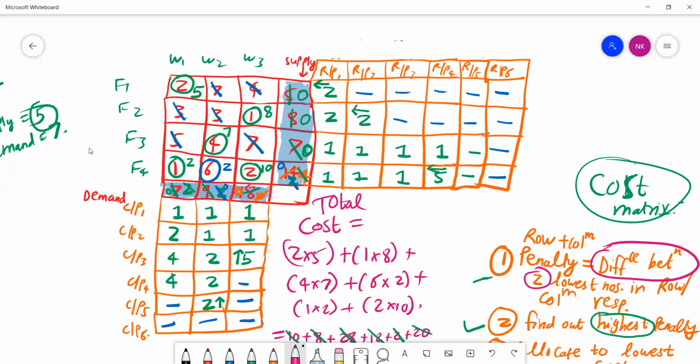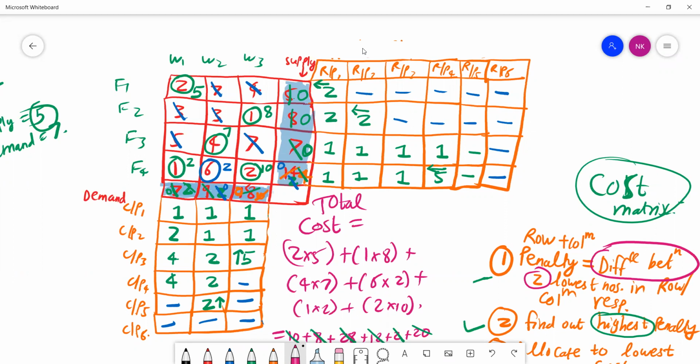Whatever iteration you are doing, let's say this is the first iteration, column wise you are getting 1, 1, 1, and row wise you are getting 1, 1, 2, and 2. With reference to these differences, you find the maximum difference.